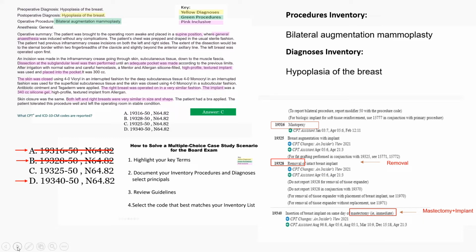And this was also not performed. Mastectomy was not performed in our scenario. It was a mammoplasty that was performed, which eliminates option D and brings us to the correct answer, option C, 19325, which, as the code language states, is a breast augmentation with implant.